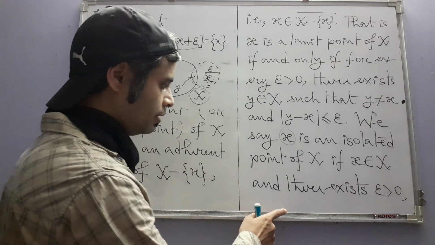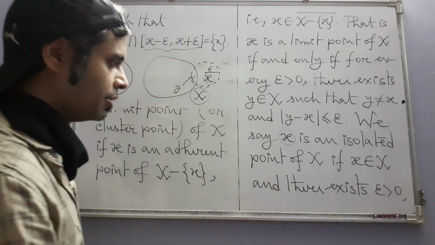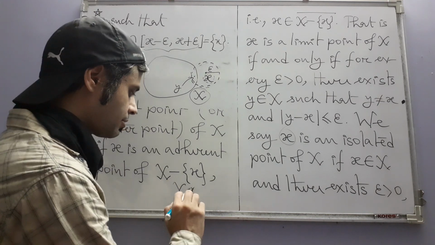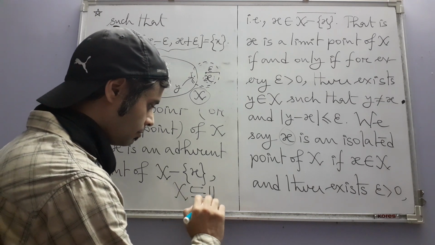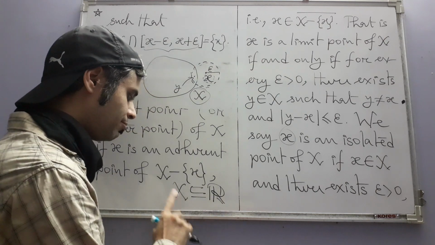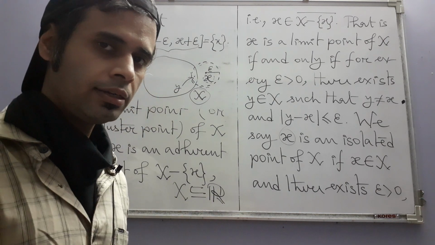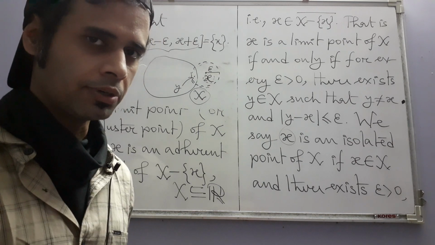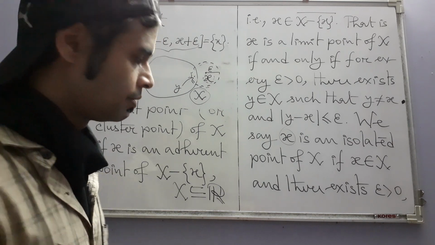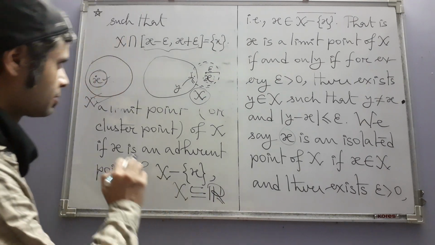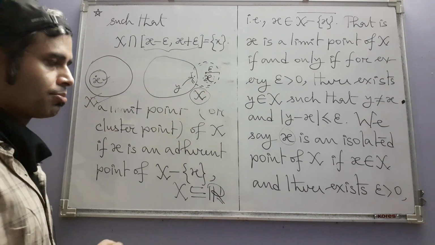And we will see, it is coming, that if we are given a set X in R, then every adherent point of X is actually either a limit point or an isolated point. Okay, and of course not both at the same time, because they have the exact opposite nature.